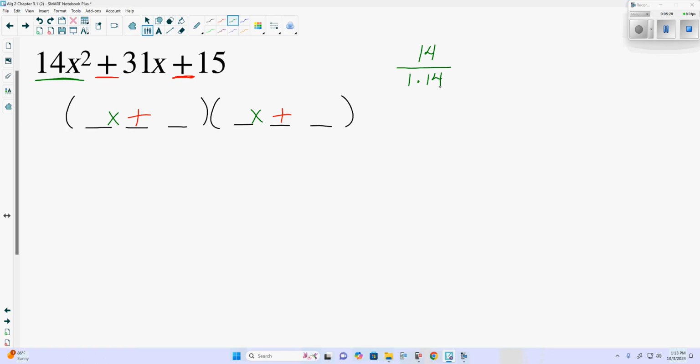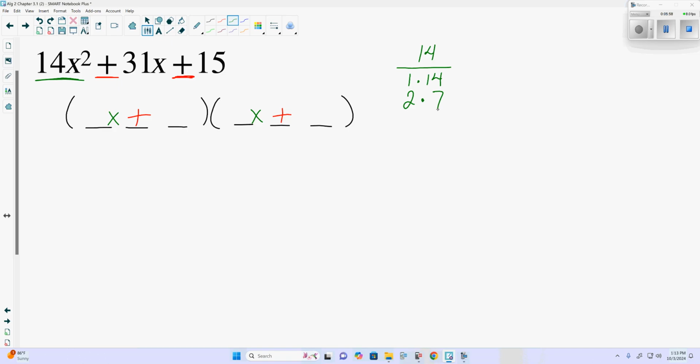So 1 and 14, our next possible factor is 2 and 7. From there we would go to 3. Well, 3 is not a factor. Then we try 4. 4 is not a factor, and that's about where we wrap up, because it would be 4 and 3.5.